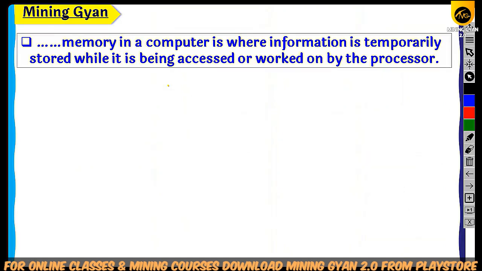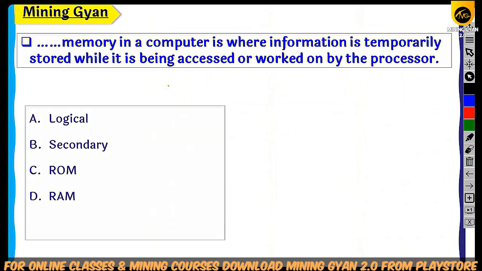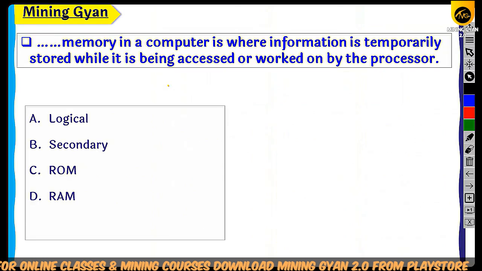Which memory in a computer is where information is temporarily stored while it is being accessed or worked on by the processor? The first one is logical, the second is secondary memory, then read only memory, or random access memory.